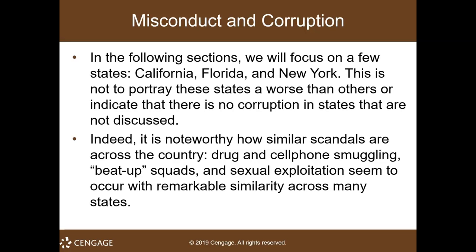Okay. And that is, if there is, let's say, sexual misconduct, there's also smuggling. If there is physical abuse of inmates, then there are also other forms of mistreatment. It also appears that corruption tends to permeate levels of supervisors who end up protecting corrupt activities.